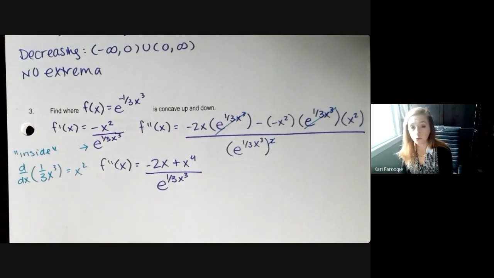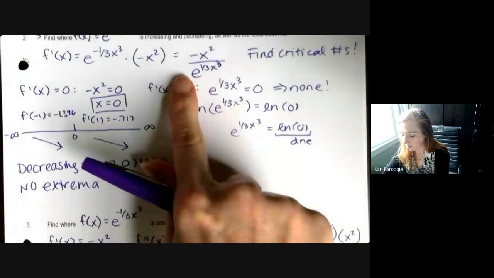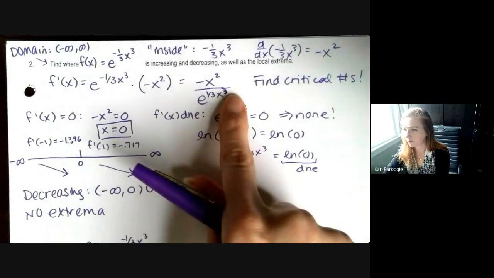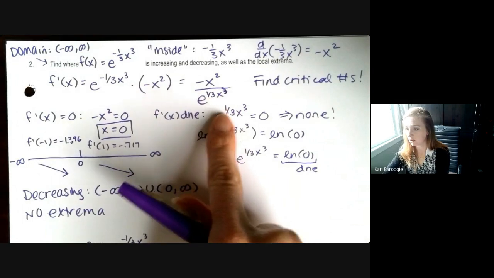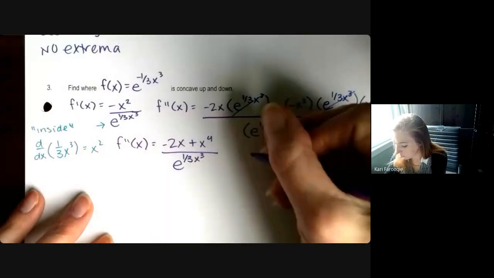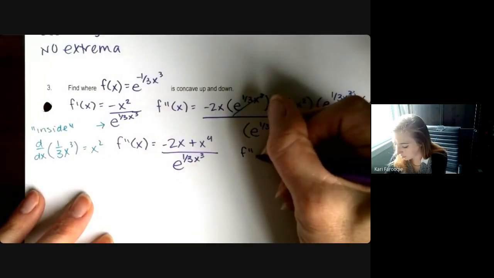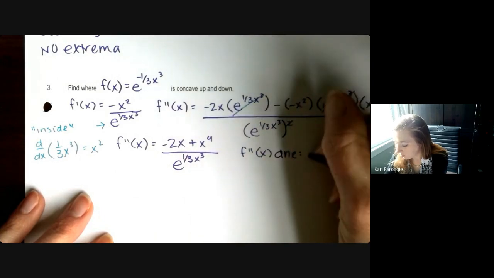Now, this is a really similar derivative to the one we found in part 1, which, remember, we outlined here. We took the denominator, set it equal to 0, and we were like, okay, well, that can't be. We're going to do the same thing here. But basically, you can just state this: f double prime of x does not exist.